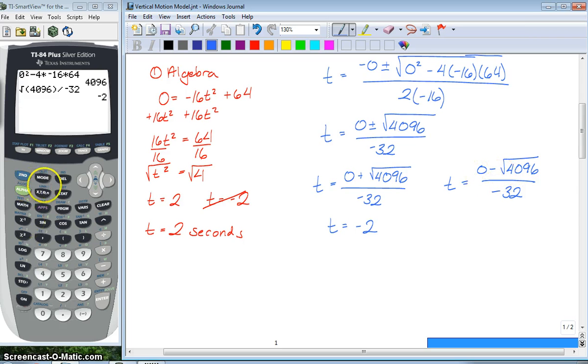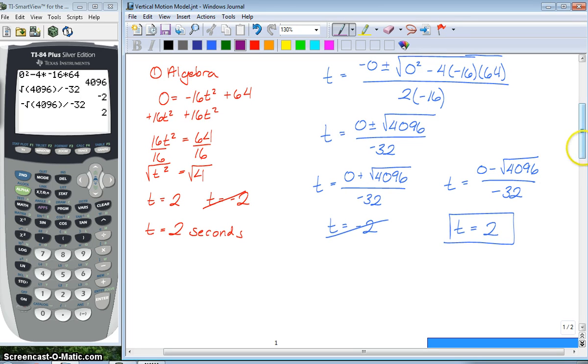So when you're simplifying, make sure you have a negative in front of your square root. And then square root 4,096, close parenthesis, divided by negative 32. And my other answer is t equals positive 2. Again, negative 2 doesn't make sense, but the positive 2 is the answer. But notice, in either instance, we still get positive and negative 2 for possible solutions.